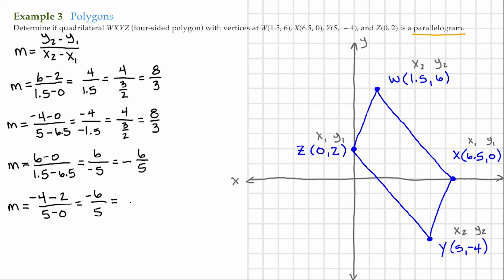So that's also -6 over 5. So both pairs of opposite sides are parallel to each other. So since both pairs of opposite sides are parallel to each other, this is indeed a parallelogram.